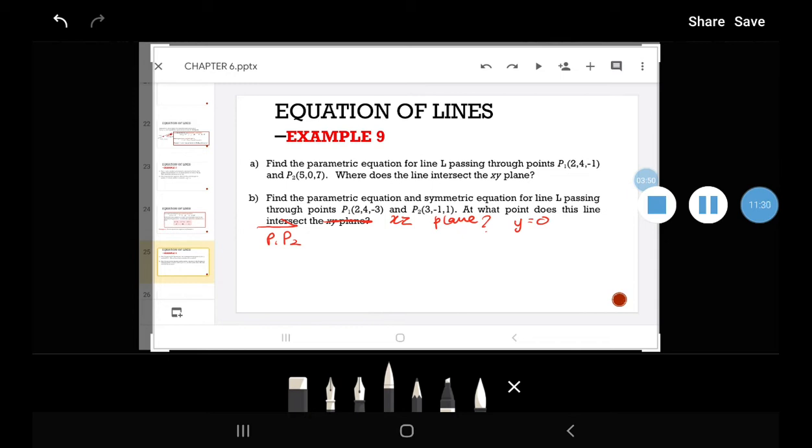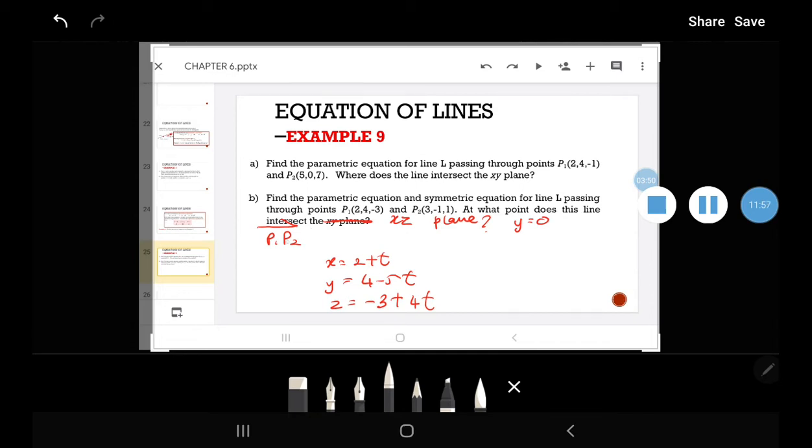So I want you to do it on your own, but for the parametric equation, the value of x is 2 plus t, y is 4 minus 5t, and z is negative 3 plus 4t. So this is the answer for 9b.